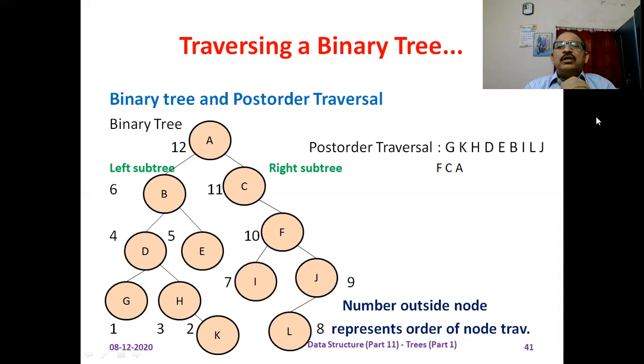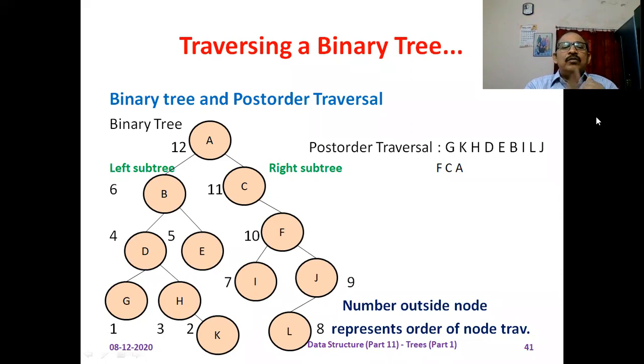First we process the left subtree, then right subtree, and then the root node. The control goes to the left subtree of root node A.